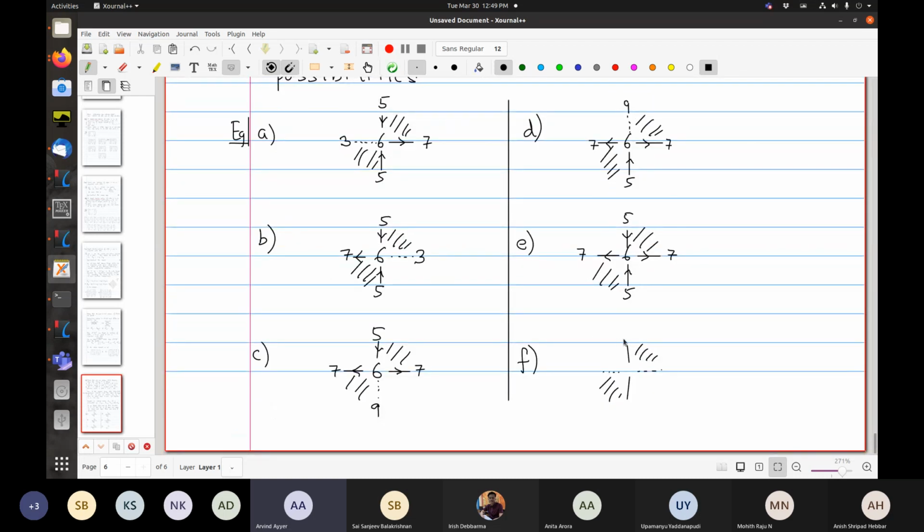So let's suppose that this is 7 and these are 5. Okay. In that case, this is going downwards, this is going upwards, and this is 8. Or it's the other way around.